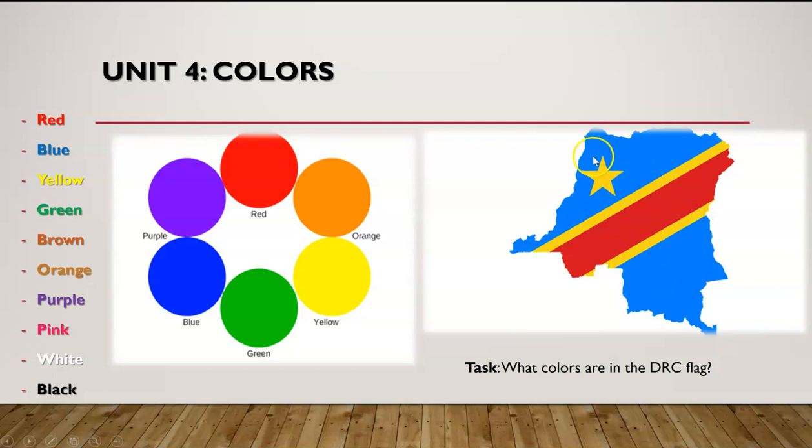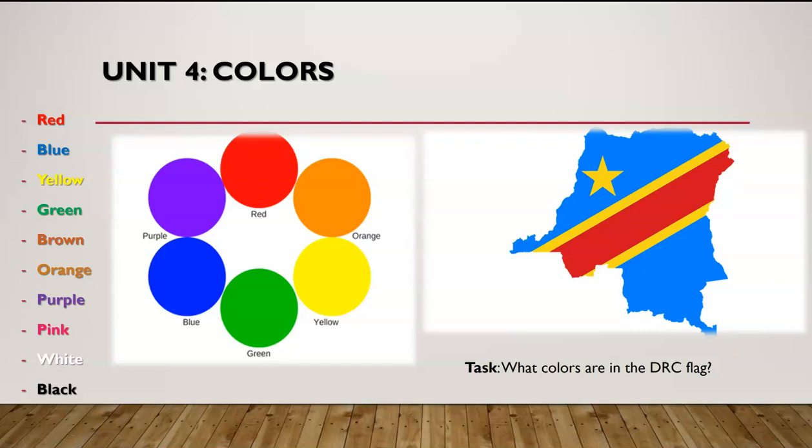DRC is the acronym for Democratic Republic of the Congo, an African country found in the central part of Africa, in Central Africa. It is the biggest country, and its capital city is Kinshasa.